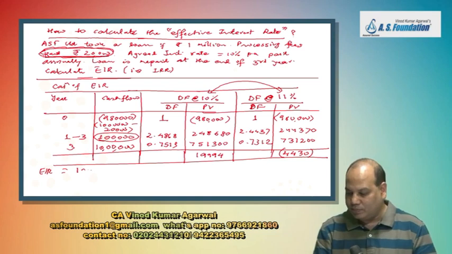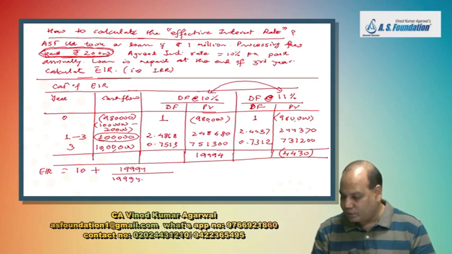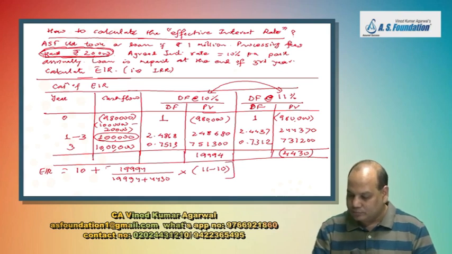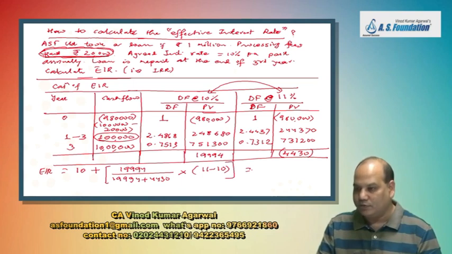So it is 10 plus NPV at lower discount rate 19994 upon the difference between the two NPV 19994 plus 4430 into difference between the two rates 11 minus 10. This formula is taught in basic financial management subject. It is a formula of interpolation.